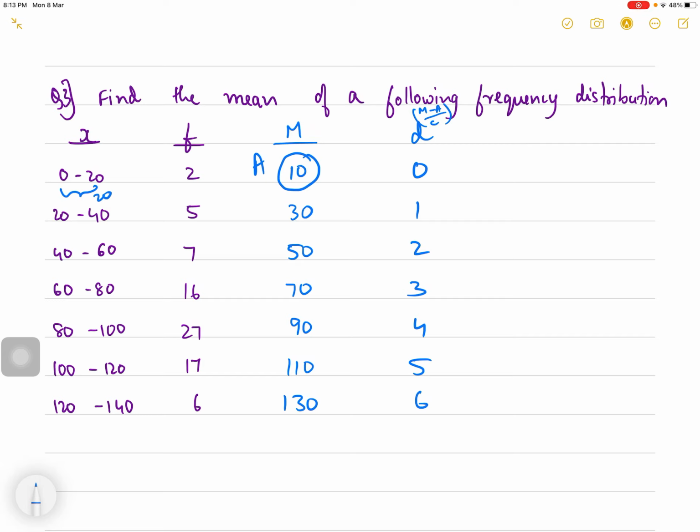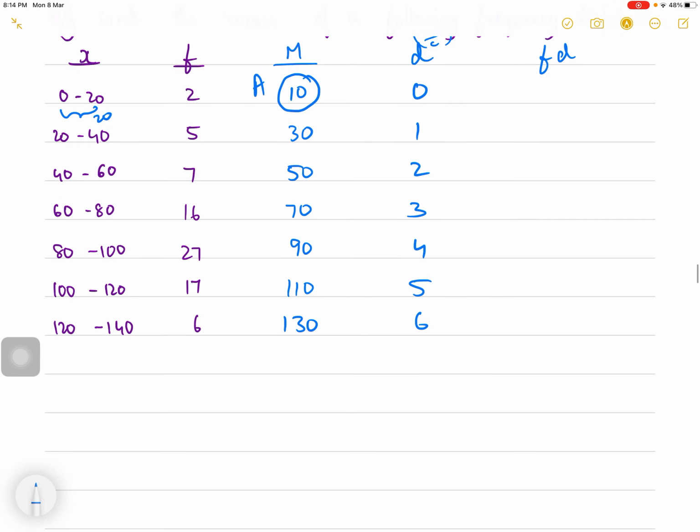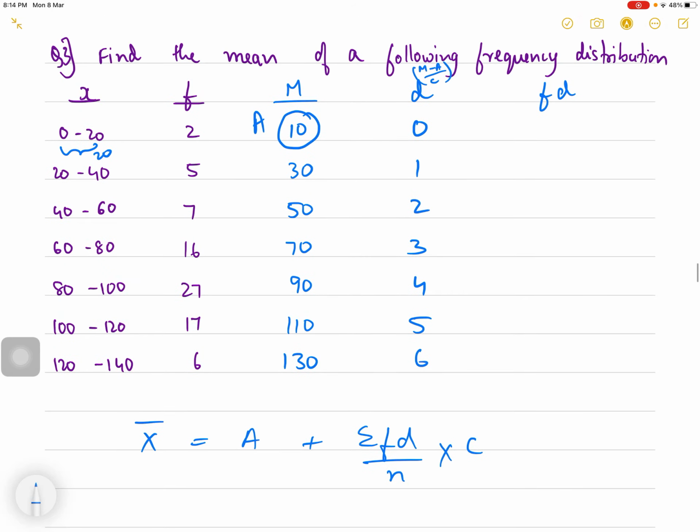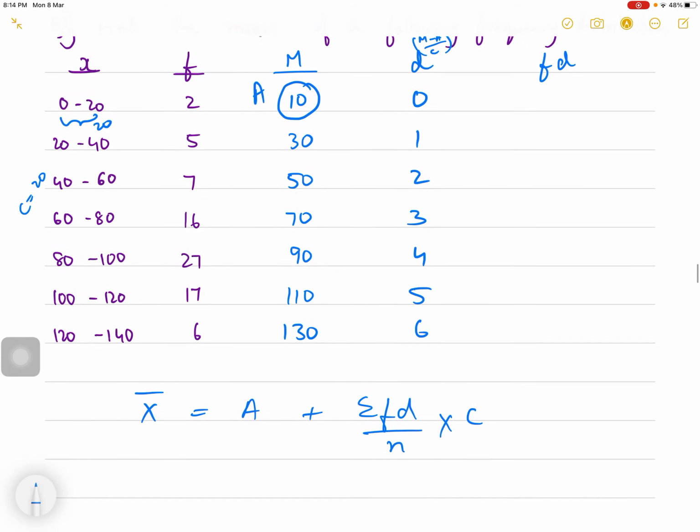Now you have M, you have D. Your next column will be F into D. The formula is x bar is equal to A plus summation FD upon N into C, where C is equal to 20 and A is equal to 10.